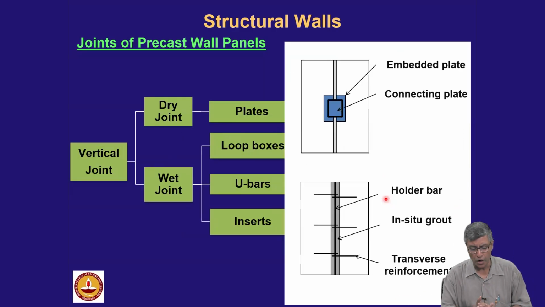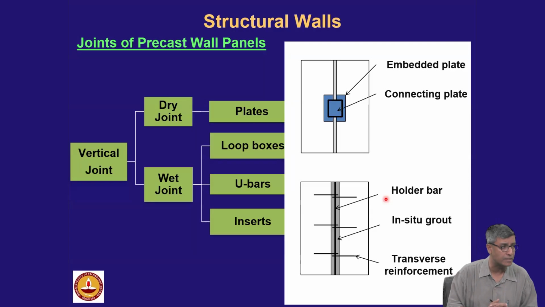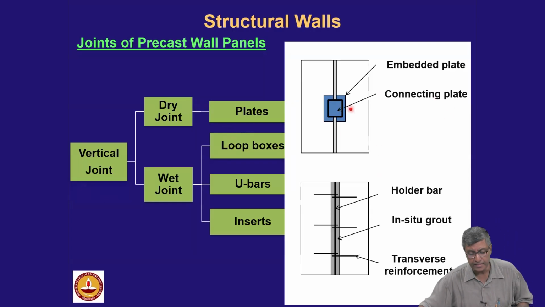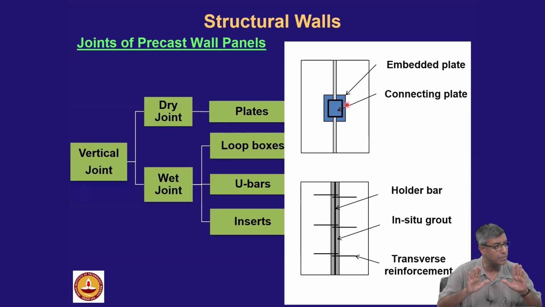In the vertical joints, I'm showing 2 types. One is the dry joint, which is more common in the Western countries. This type of selection is also based on the climatic conditions, whereas we go for wet joints. In the dry joints, which Professor Liberato also showed, there are embedded plates.